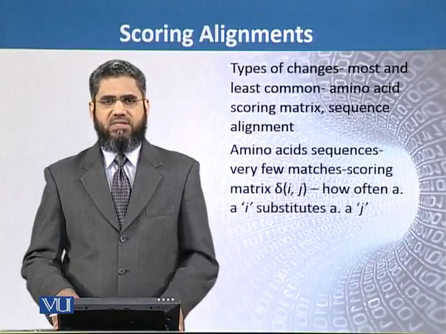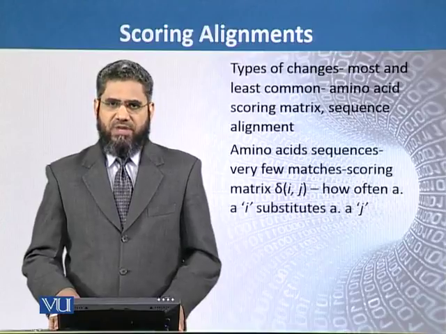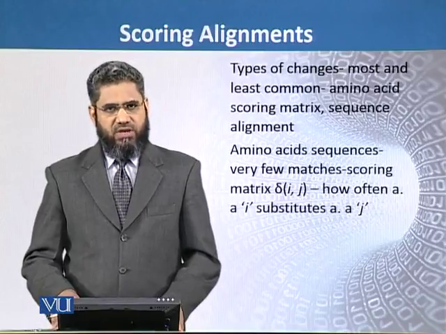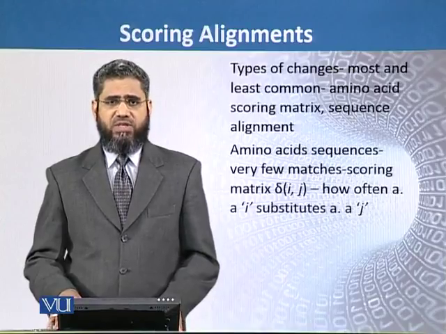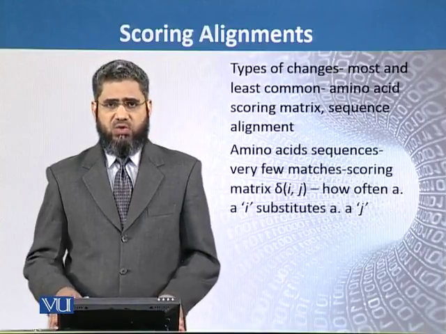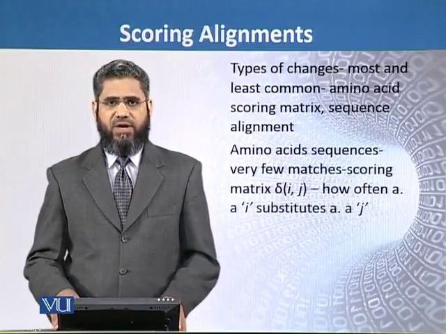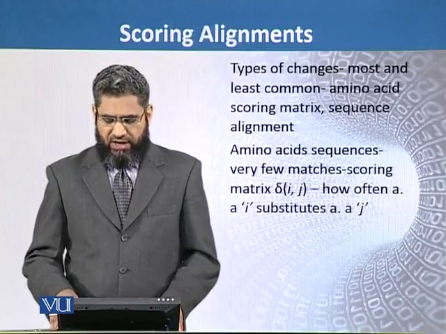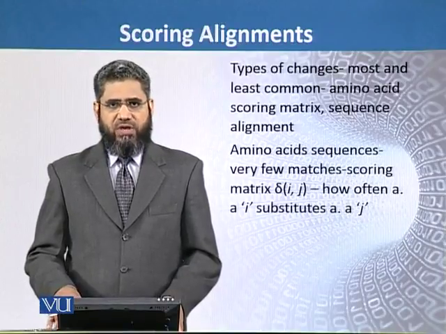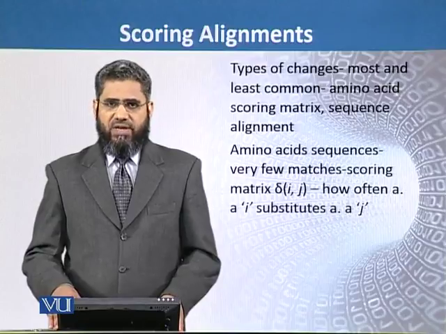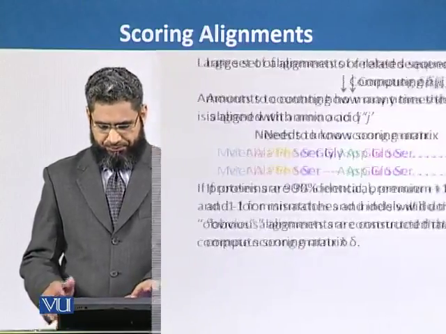But still, this amino acid sequence alignment could represent an adequate biological sequence alignment. An entry in the scoring matrix for amino acids is represented by delta(i,j), and it represents that the amino acid i in the string V is replaced by the amino acid j of the string W.